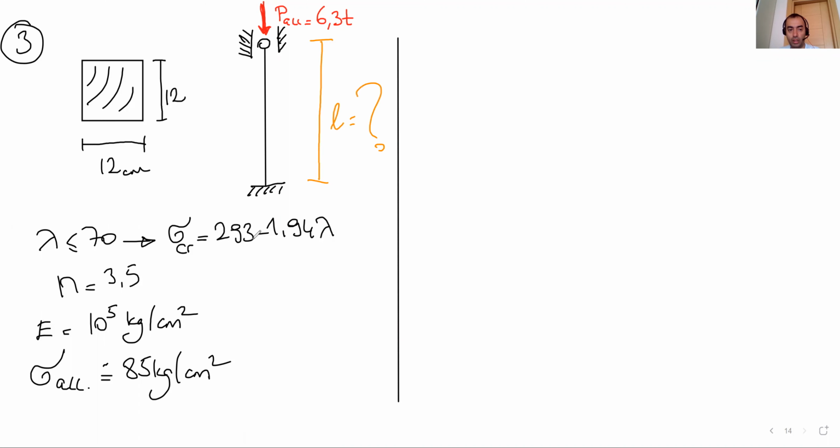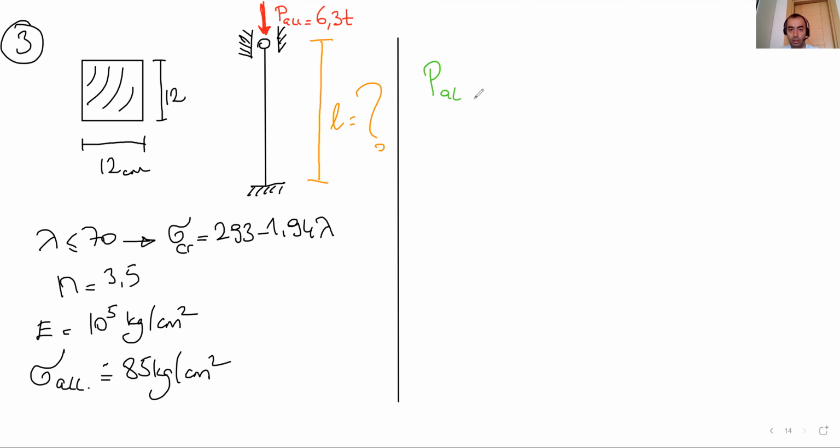Now we are gonna go back, actually, to find the L. By the way, if this is allowable force, what is the critical force? P critical. So P critical is N times P allowable. Let's write the equation then.